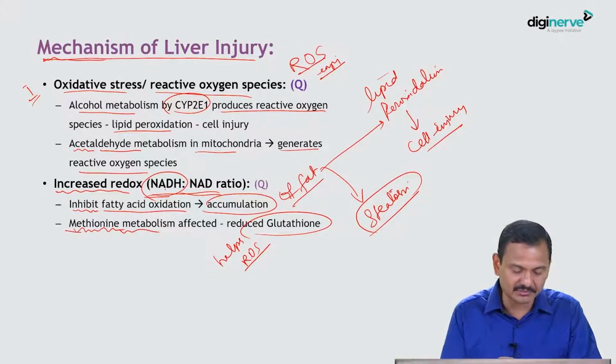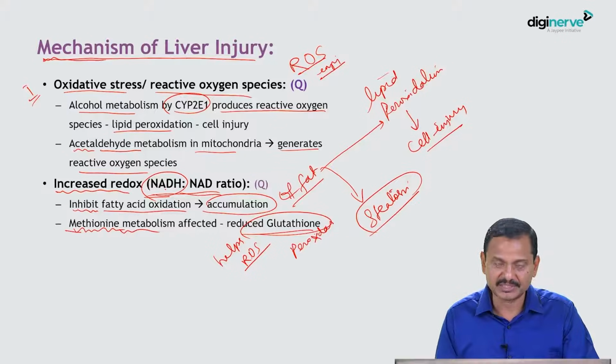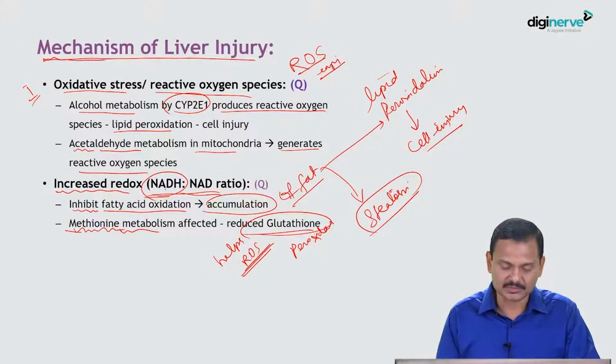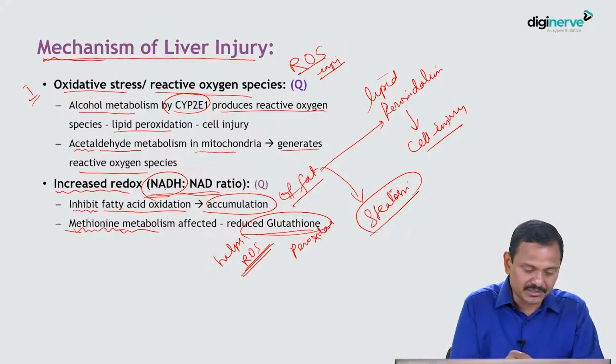So once methionine metabolism is affected, our glutathione peroxidase will also not be effective or will be deficient. So again, there is more chance of reactive oxygen species, or you can say free radical injury. Now those were the two important ones, the oxidative stress as well as increased redox.